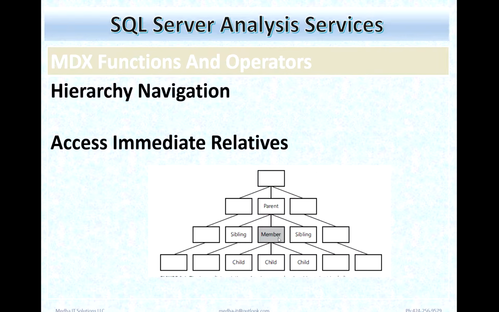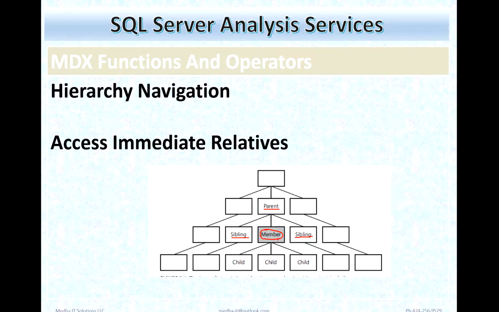Assuming that this member is our current member, that means the member in our current context, then these two members that are next to the current member are called siblings, and the parent is called a parent.